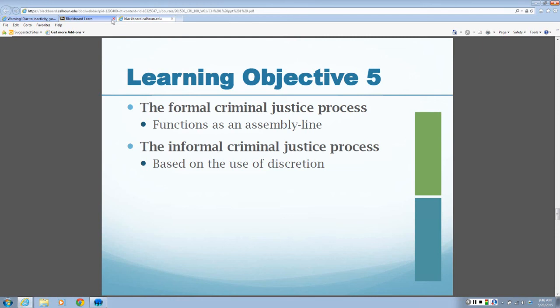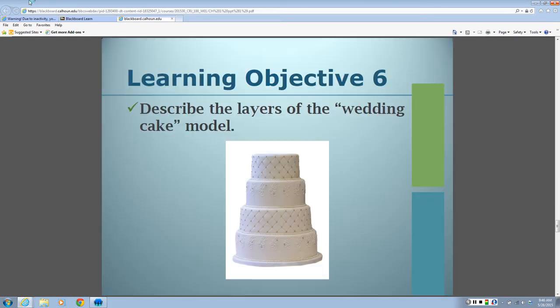It may take 20 years to go to trial for somebody stealing a piece of peppermint candy from the Shell station. It just would be so inefficient because of the backlog of cases that we almost have to have the use of discretion in the criminal justice process to allow for some cases to just be moved through the process. Hopefully that makes sense.